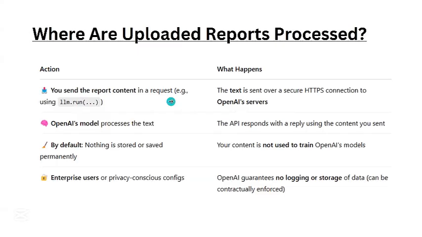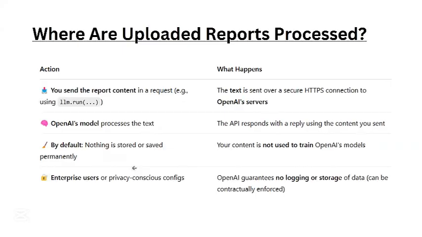So what happens? The text is sent over an HTTPS connection to OpenAI servers. The request will be sent and processing will happen there. OpenAI's model processes the text, so the processing will happen on the server side. The API responds with a reply using the content you sent.